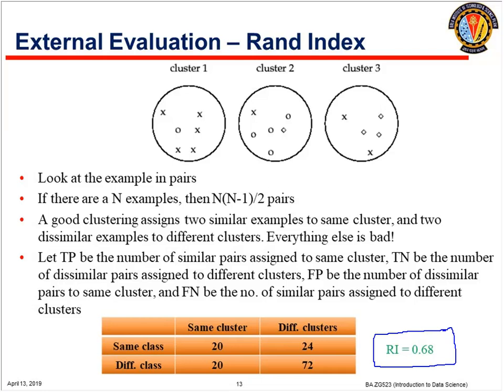What we have studied so far is k-means and hierarchical clustering, where k, the number of clusters, is fixed. But in many algorithms, the number of clusters is not fixed. How many clusters are created depends upon the clustering algorithm. That's why there are a lot of different external evaluation metrics for clustering.